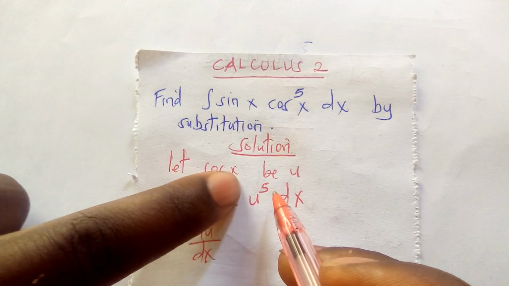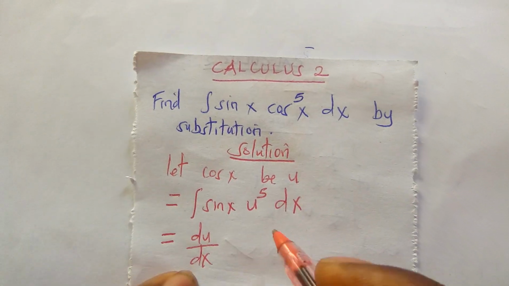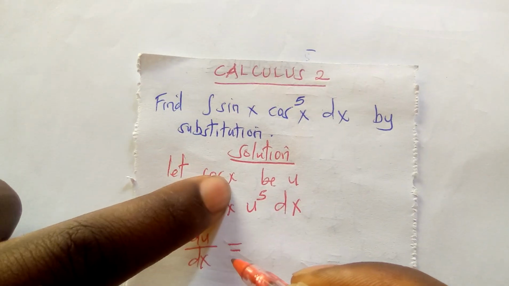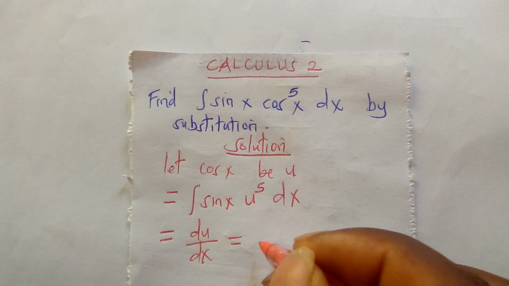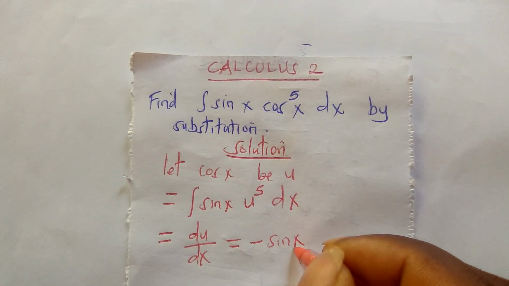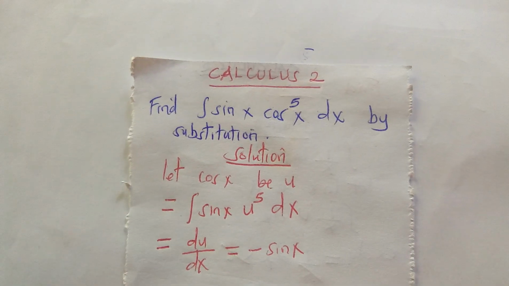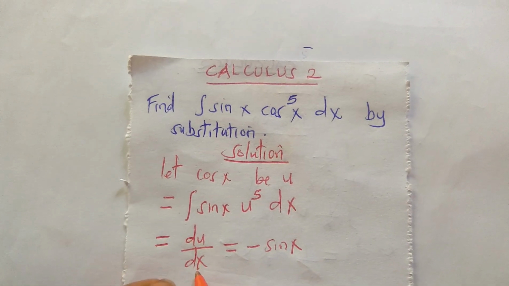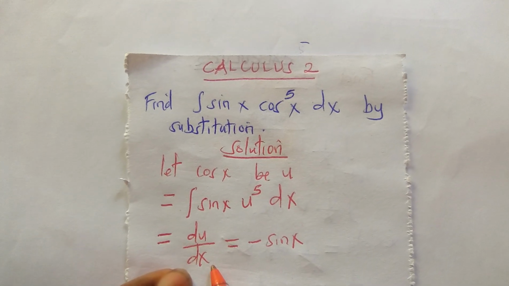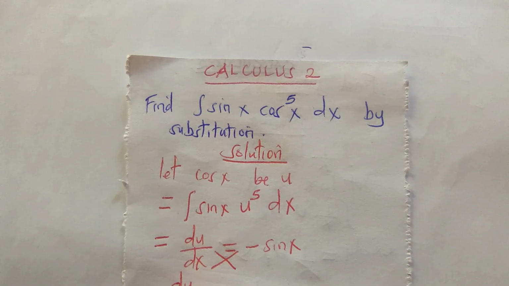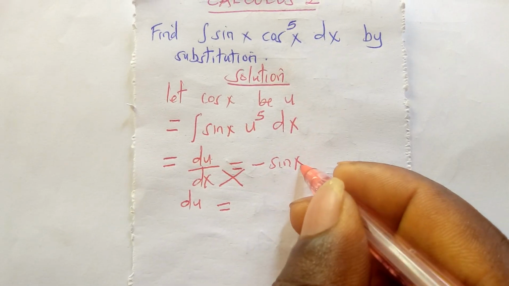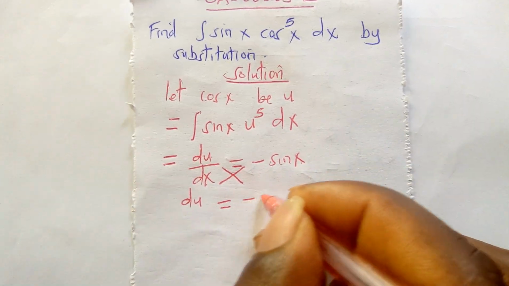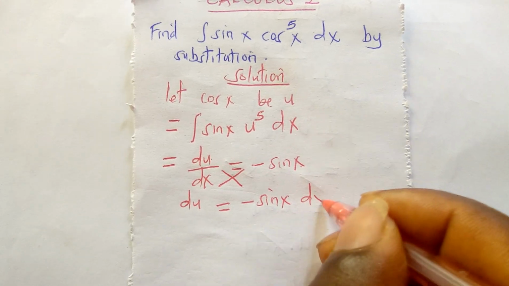So when you have cos x, to get du dx, you are supposed to differentiate the cos x. Now when you differentiate cos x, it is just negative sine x. My main aim was not only to reach here, but to get dx on one side, and therefore I can cross multiply to remain with du, which is du is equal to negative sine x dx.